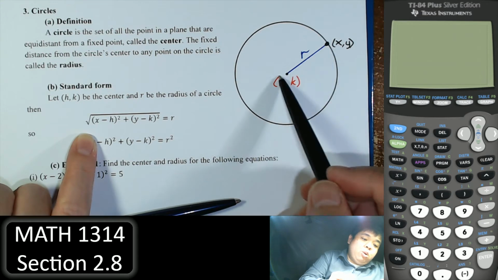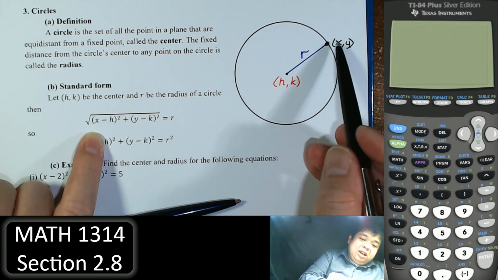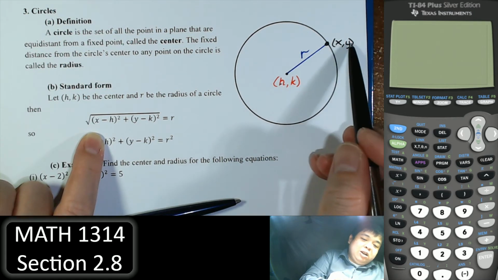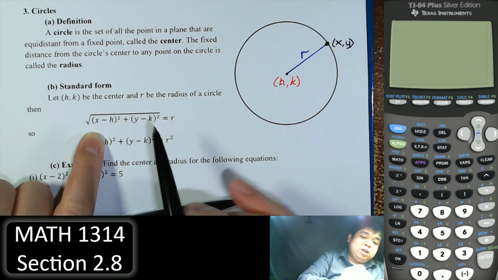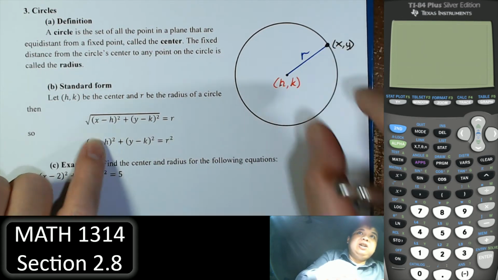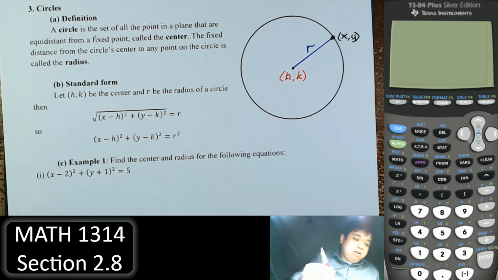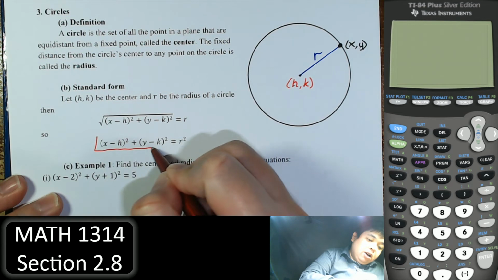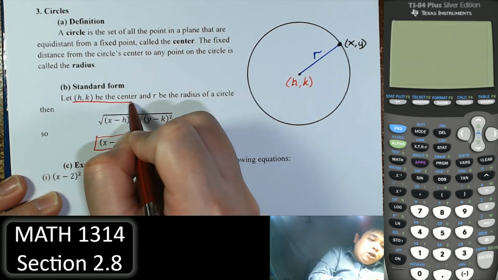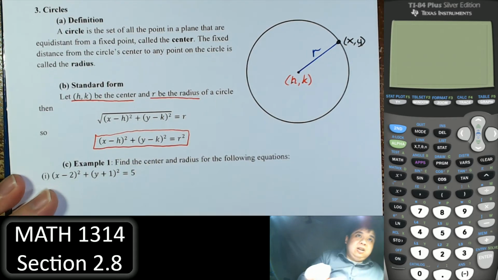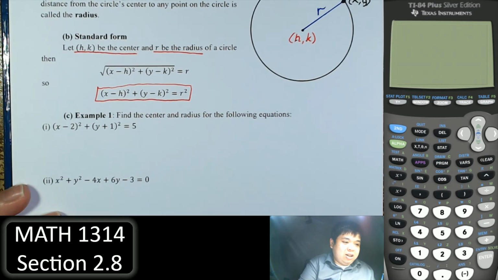The distance between these 2 points is equal to a constant r. So x2 minus x1 squared plus y2 minus y1 squared, under the square root, equals r. So just the distance formula. And after that we square both sides, and here we have the standard form of the equation of a circle. The center is h and k, and r is the radius. Right, so pretty much that's what we have.